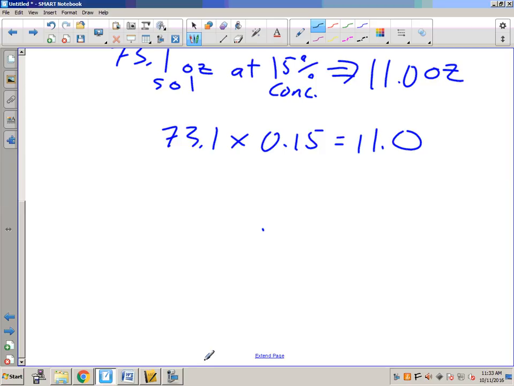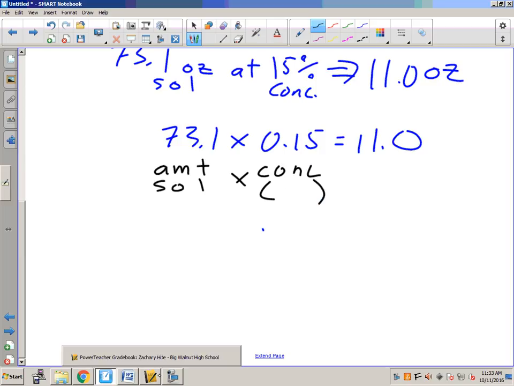That was the amount of what? That was the amount of the solution? Okay, we took the amount of the solution and we multiplied it by 0.15. And 0.15 was what? It was 15%, but in words, what is that? That's the concentration expressed not as a percent, we changed it into a decimal.